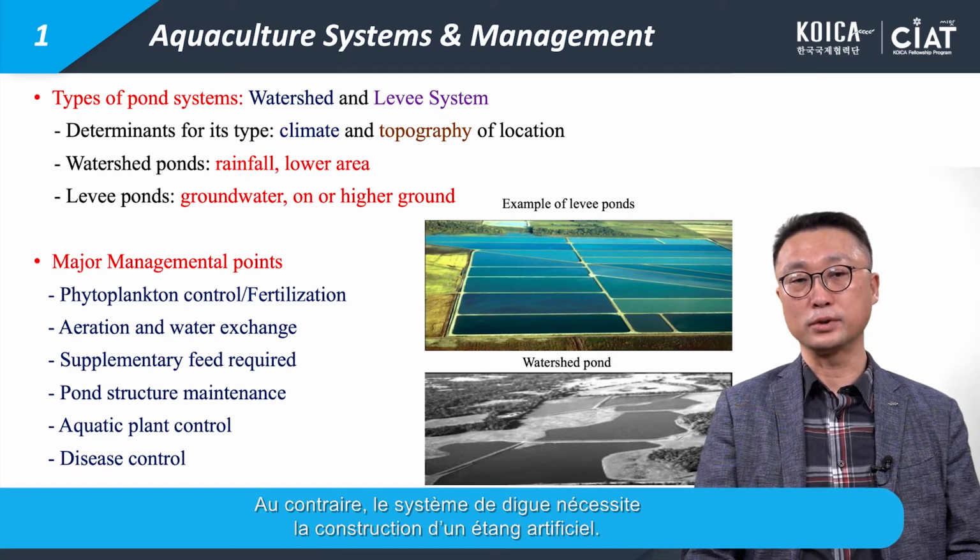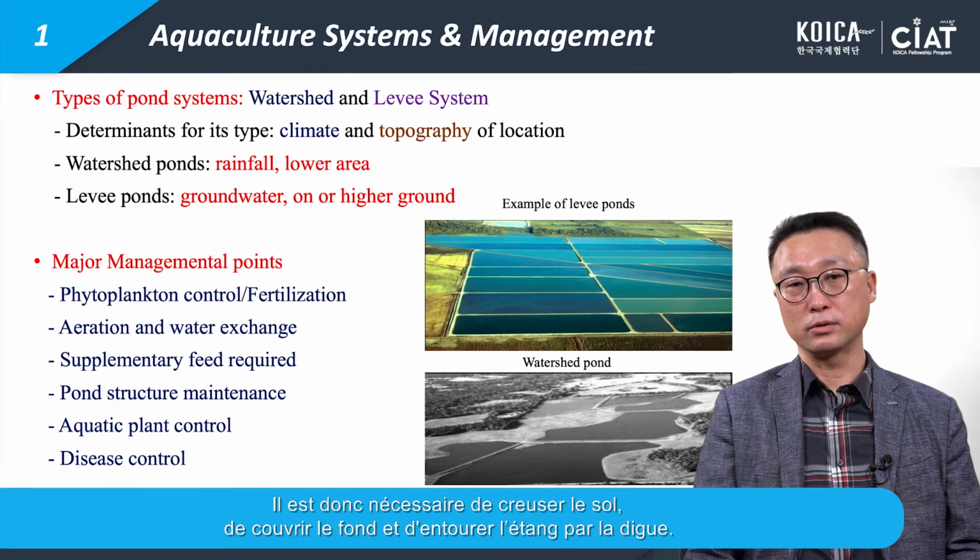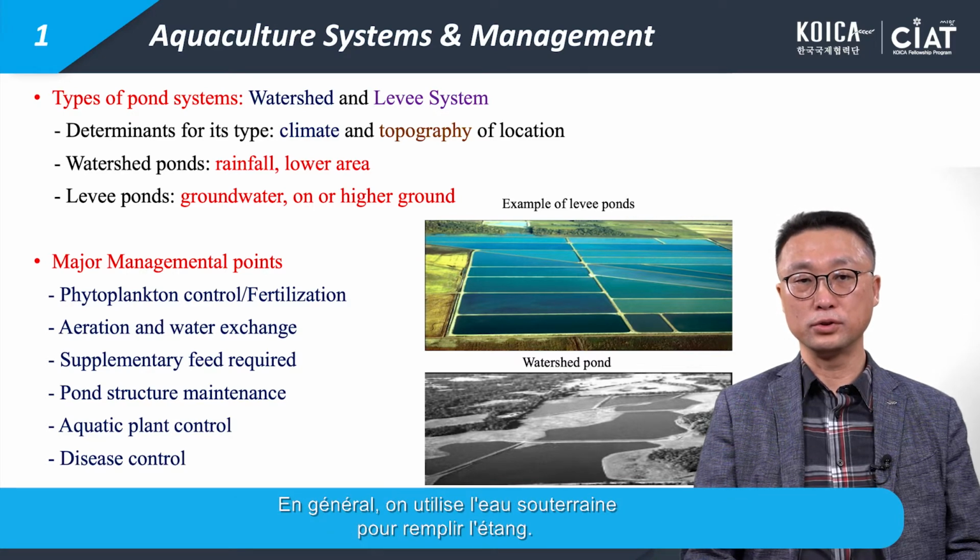Instead, the levee pond is a sort of man-made pond. So usually you dig the soil and then put the soil on the ground, making the levee around the pond. And usually people use groundwater for filling the pond and also topping up the pond.